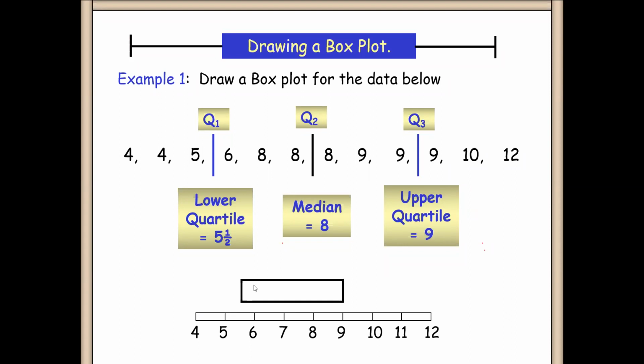So according to this, my box is at Q1, which is 5.5, in between 5 and 6. My Q3, so there's my rectangle going from 5.5 to 9. And then my median, according to the data here, is sitting at 8.